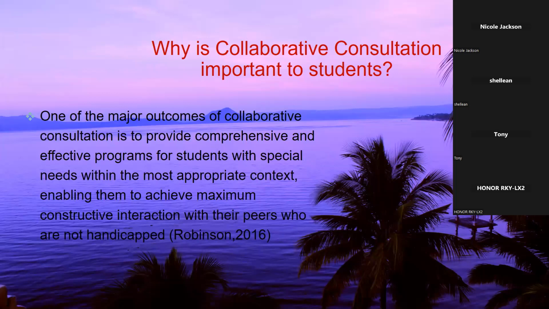Why is collaborative consultation important to students? One of the major outcomes of collaborative consultation is to provide a comprehensive and effective program for students with special needs within the most appropriate context, enabling them to achieve maximum constructive interaction with peers who are not handicapped. So for example, a person that has autism, right?